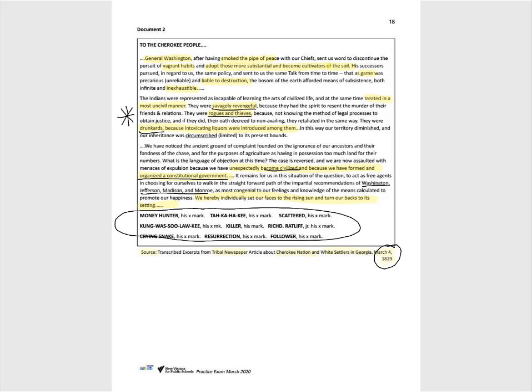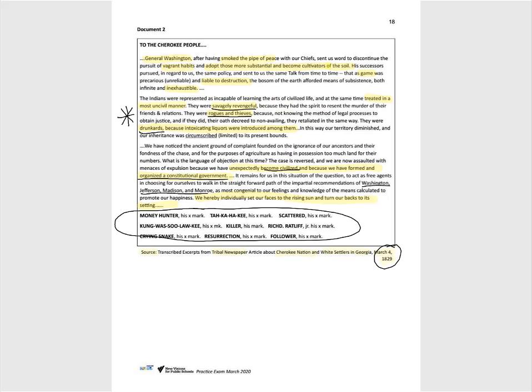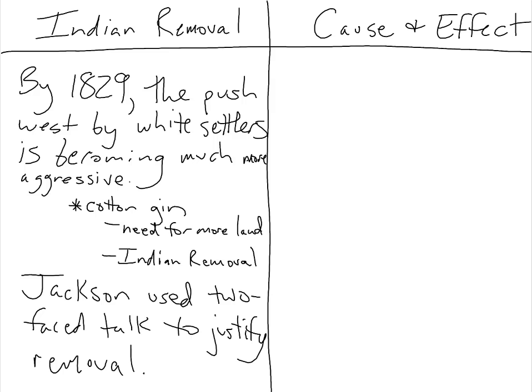Remember that March 4th, 1829, this article from a tribal newspaper came before Jackson's State of the Union address. So in order to describe this relationship between these two documents, you need to go to your second paragraph, specifically state the relationship. The relationship between these two docs.